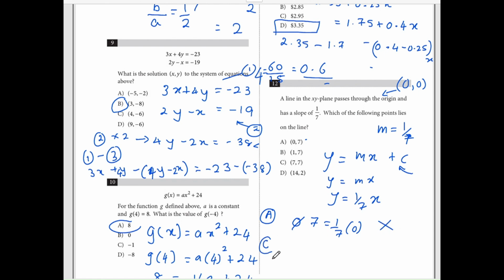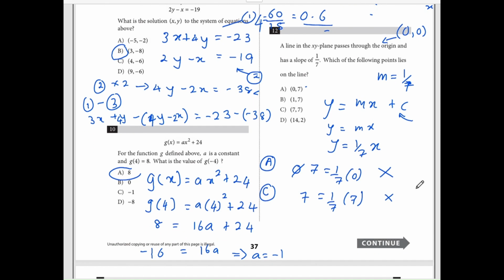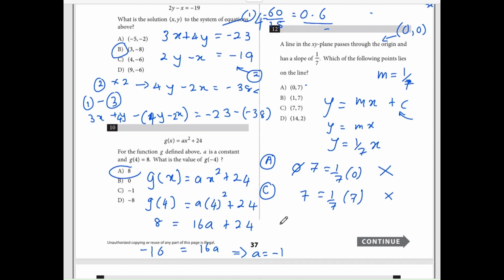For c, 7 equals 1/7 times 7, it's wrong. And for d also it's wrong, and for b, it's 7 equals 1/7 times 1, we cannot get this as well.